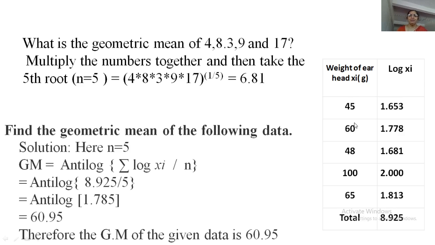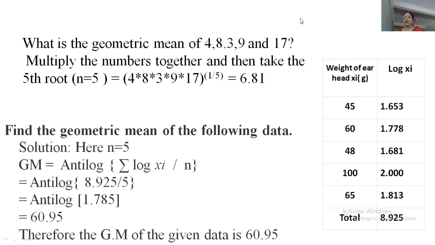The other method is that you just take logarithm of this. Suppose 5 observations are with me, and if you want to compute geometric mean of 45, 60, 48, 100 and 65. Can you see the product of this is a very large number, and if you take fifth root of it, it is again very difficult for us.